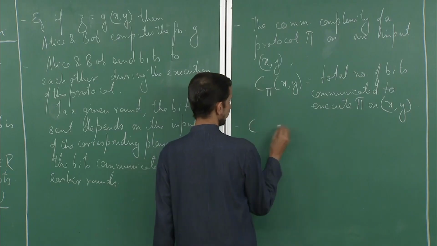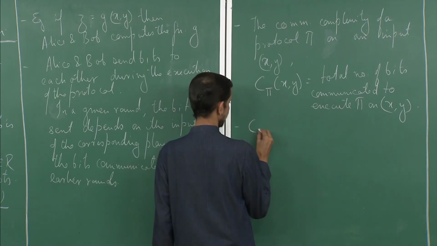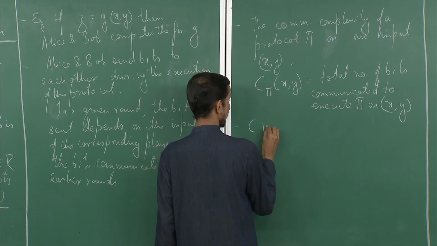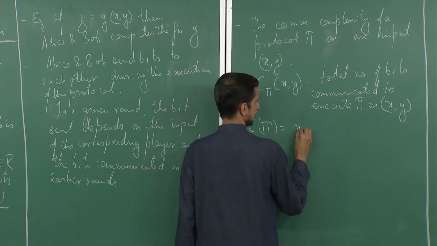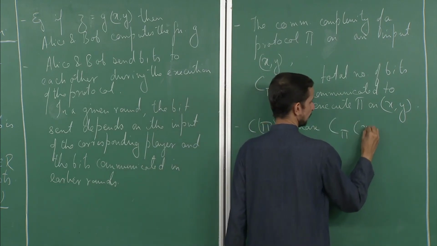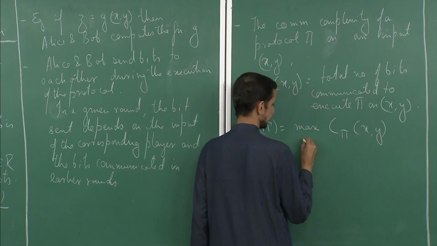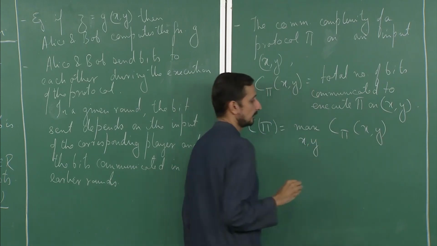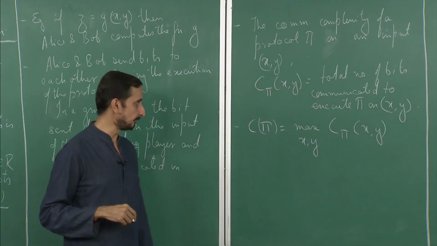The communication complexity of a protocol pi, we define C(pi) as the maximum communication complexity over all pairs of inputs. Okay, this is the standard way.